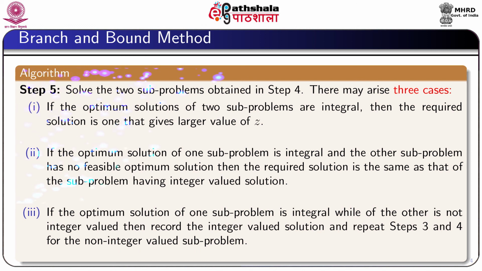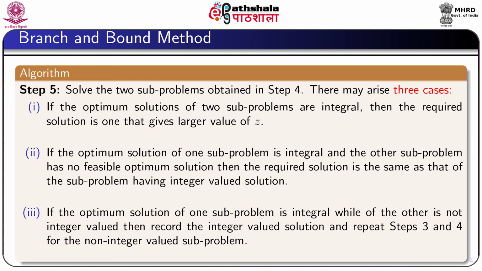Case 2, if the optimum solution of one subproblem is integral, but the other subproblem has no feasible solution, then the required solution is the same as that of the subproblem giving the integer valued solution.